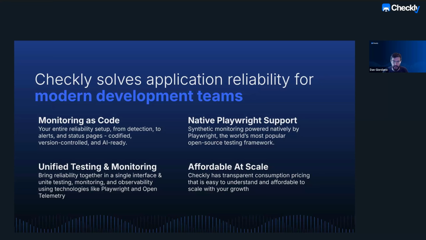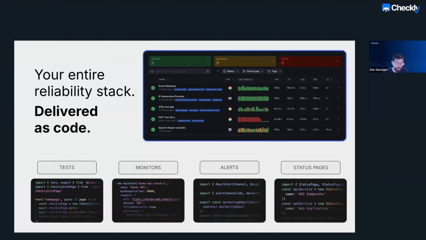We're also affordable at scale. Checkly is transparent consumption pricing that's easy to understand and affordable to scale with your growth. So we'll go through a couple different scenarios of what pricing might look like and how that might affect your consumption as well.